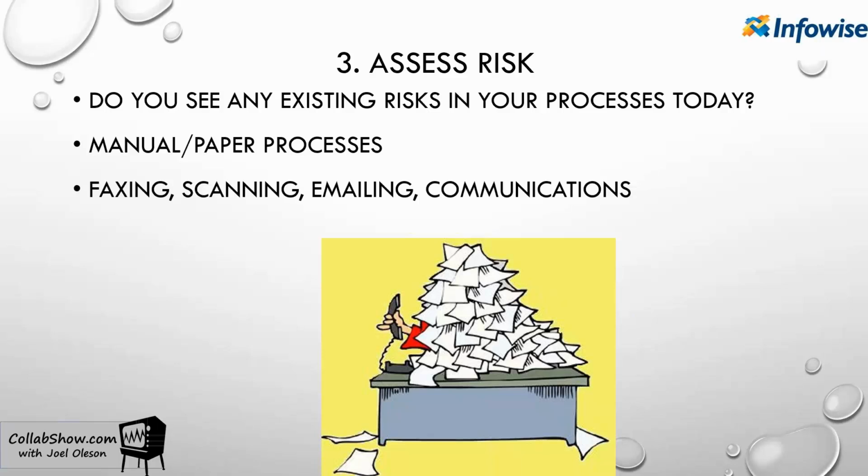It may be patient records or notes, where today faxing, scanning, emailing, all those kinds of communications end up being a mess because they're in so many different places and spread out, with no real way of keeping your arms around it.